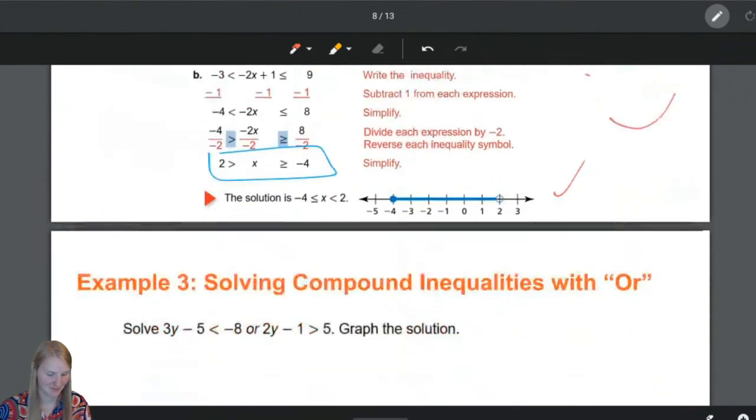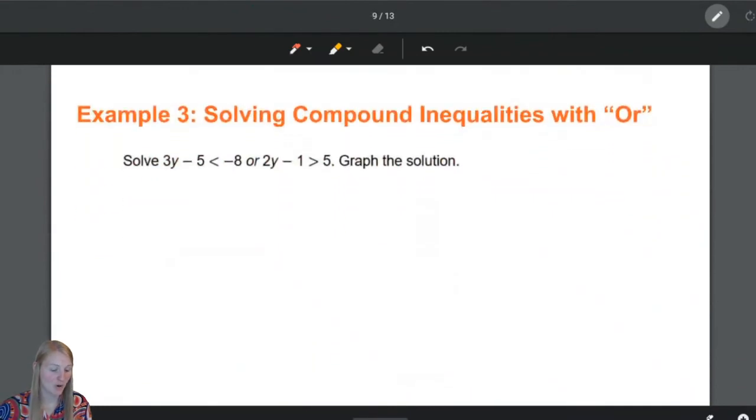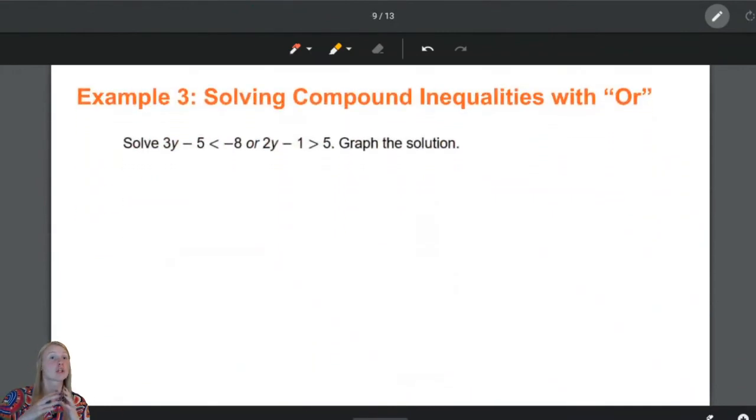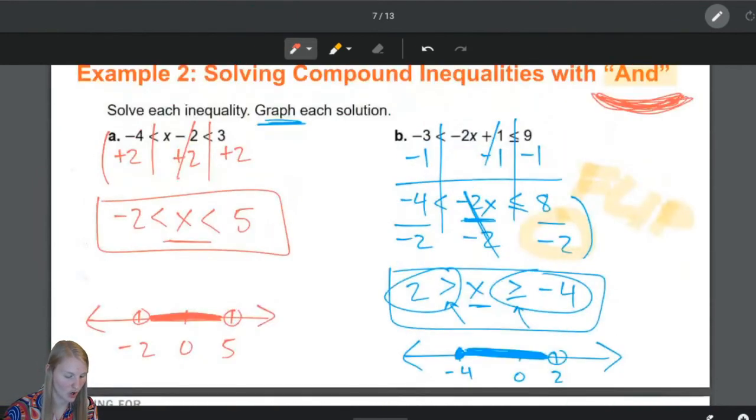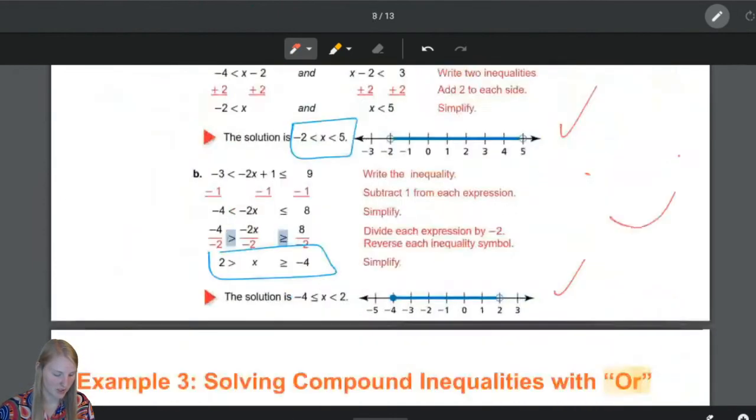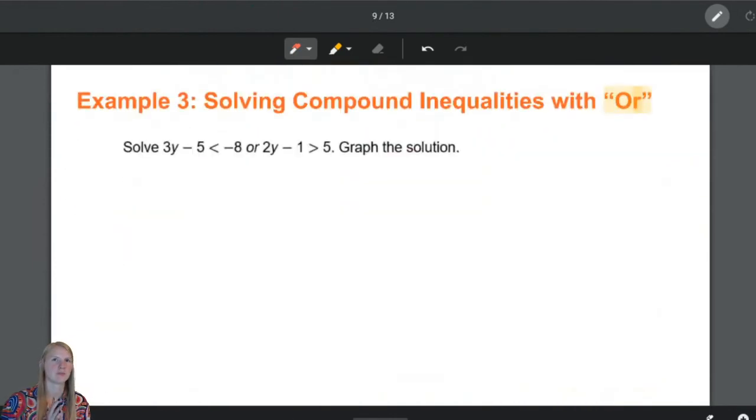All right, now we're going to look at compound inequalities with OR. So now we have the OR problem highlighted again, and this is a little bit different because I can't combine them. Up here we talked about doing it to all sides, like adding 2 to every side, but here we won't be able to do that.